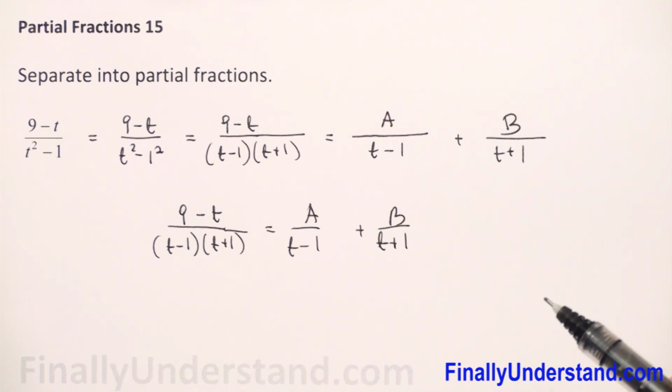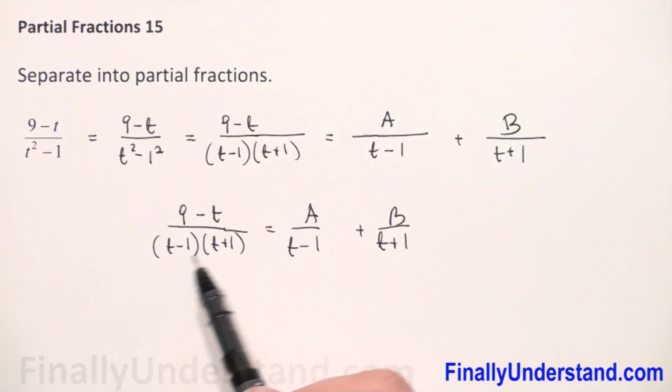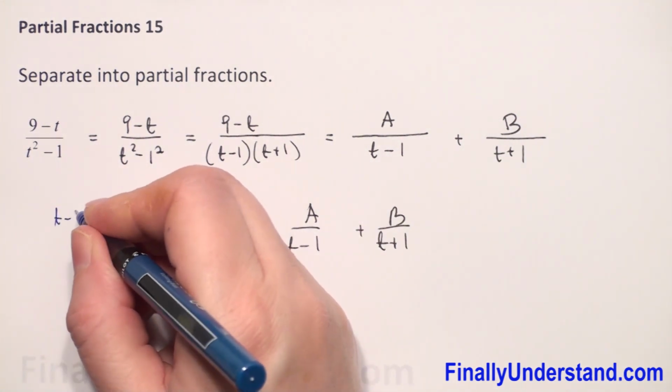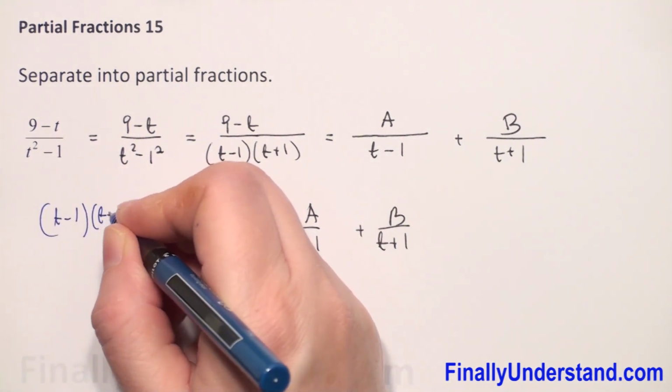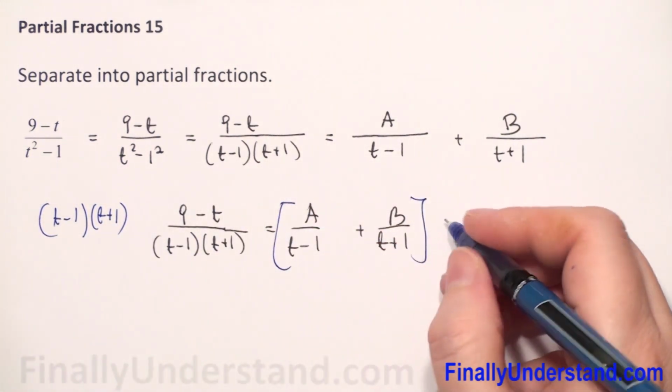First we have to get rid of our denominators. We have to multiply both sides of our equation by the lowest common denominator. What will be the lowest common denominator? It is always the denominator of our original fraction, so it will be t minus 1 times t plus 1. Both sides we need to multiply.